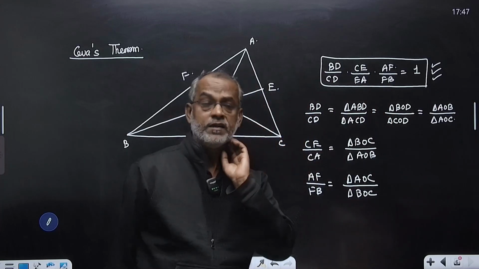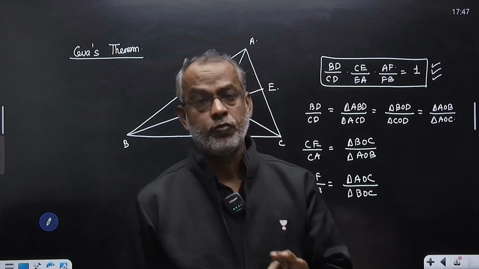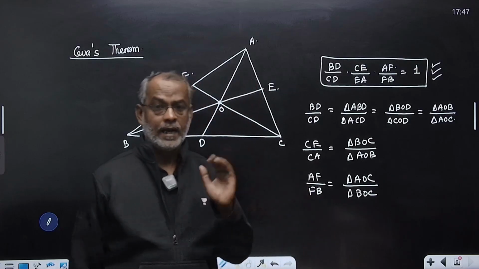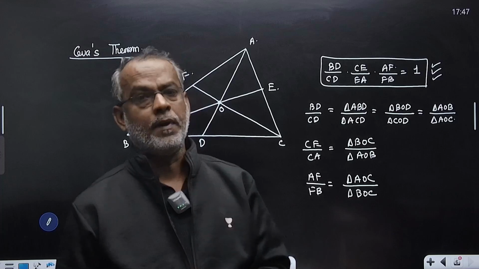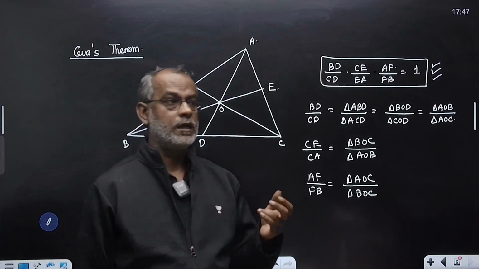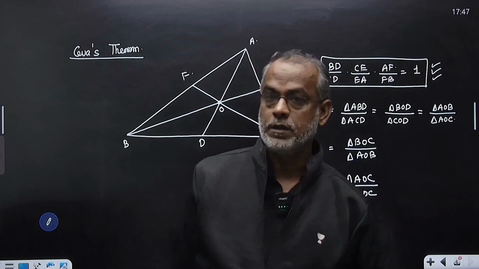Some of the theorems I didn't prove, I deliberately skipped some of the proofs in our earlier class, and I specifically told you to please prove them, and if you have any issues you can get back to us. But don't just remember things as a result, always try to prove them.